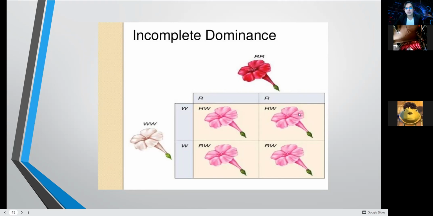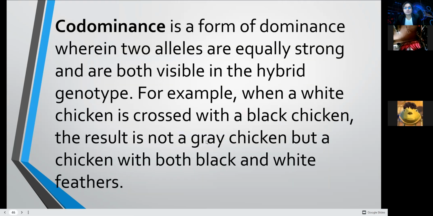What you can see in the phenotype is pink. So there it is incomplete dominance. It covers up the expression of a particular phenotype. Did you get the point, everyone? Okay. Let's move forward to codominance.